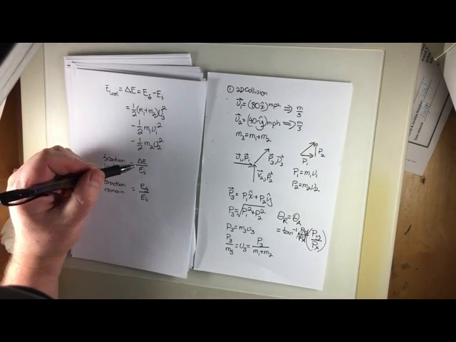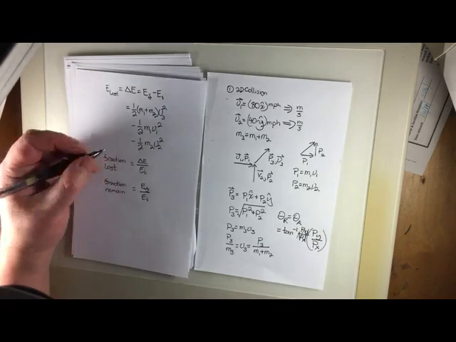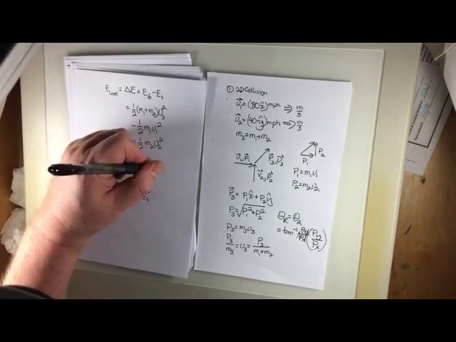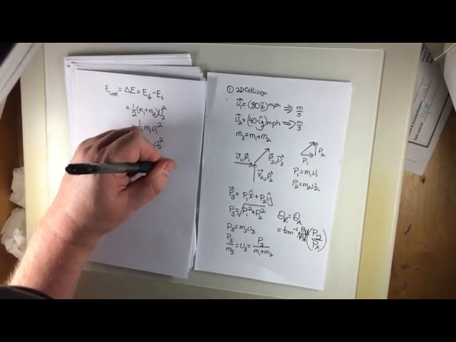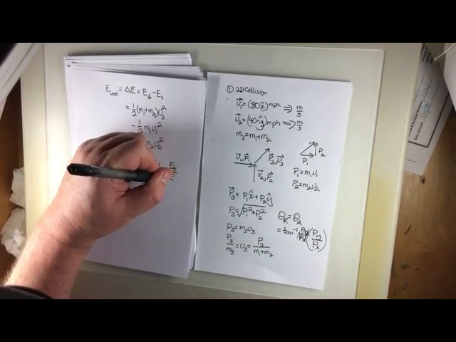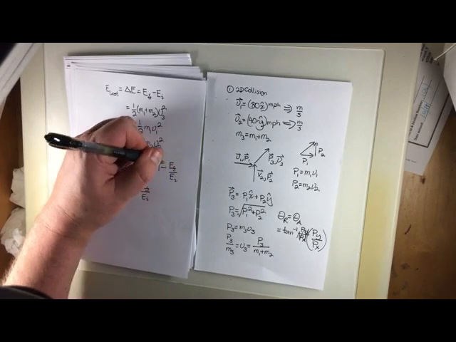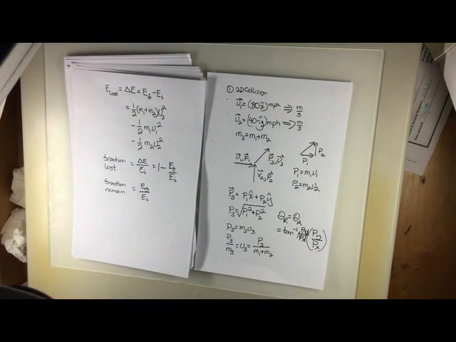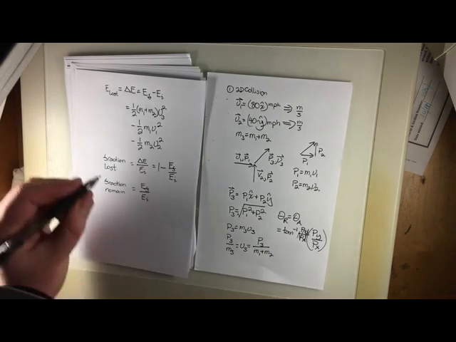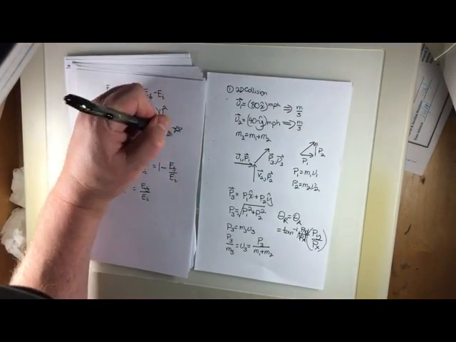And you could rearrange this so the fraction lost is 1 minus E final over E initial. So you can get pretty much everything you need. Fraction lost, fraction remain, energy lost, all that stuff. But in terms of energy lost, this is the equation that you need.